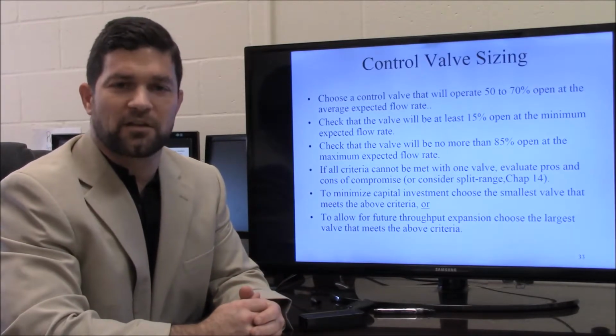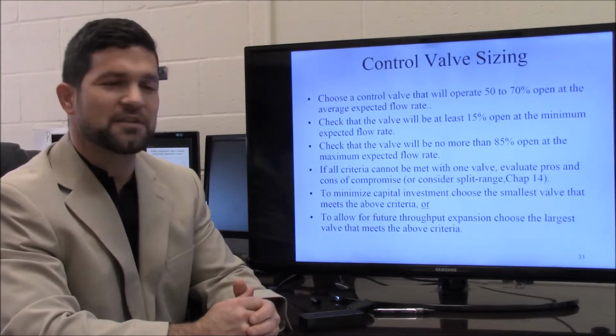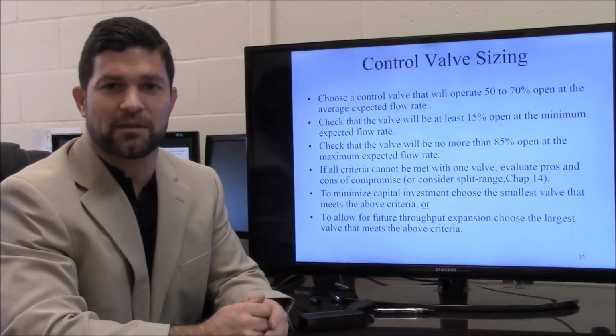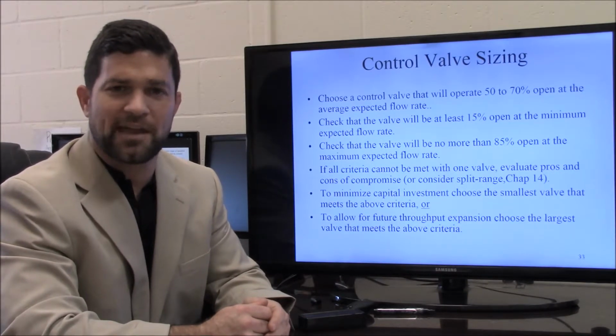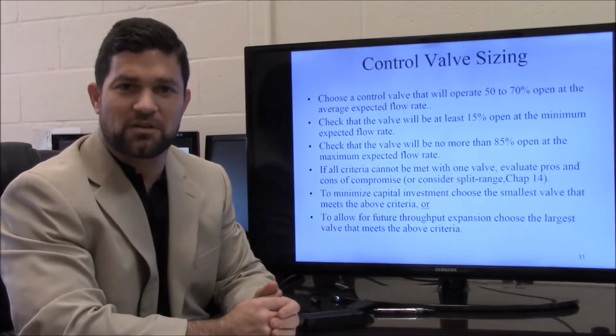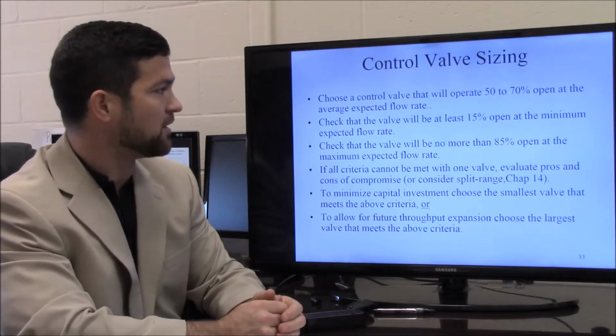Let's spend a couple minutes on control valve sizing. When we size a control valve, we typically want to start with the average flow rate that we expect to go through the valve, and we want that average flow rate to be operated with a valve position somewhere between 50 and 70% open, and that's just a general rule of thumb.